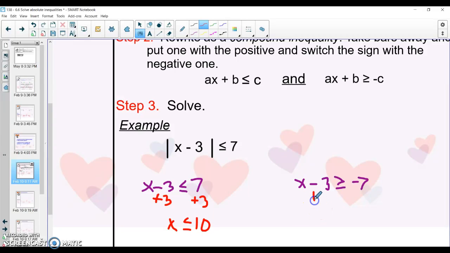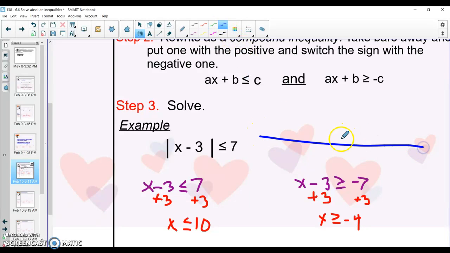For this one, add 3, add 3, and x is greater than or equal to -4. Now, if I were to graph this, I'm going to put 0 on there because that helps me. What are my two numbers? -4 and 10.